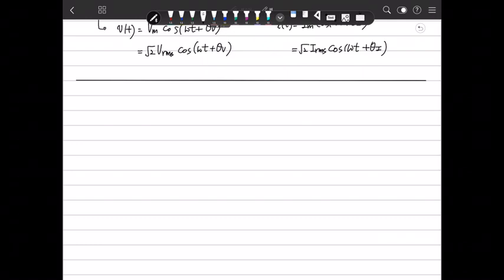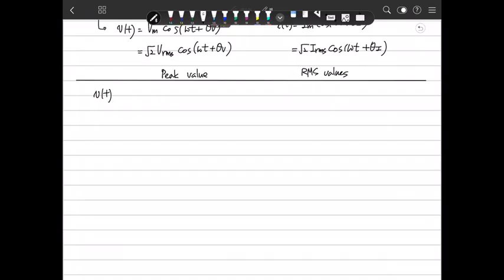Okay. First, I want to represent the voltage in the peak value, or I can represent it in RMS value.